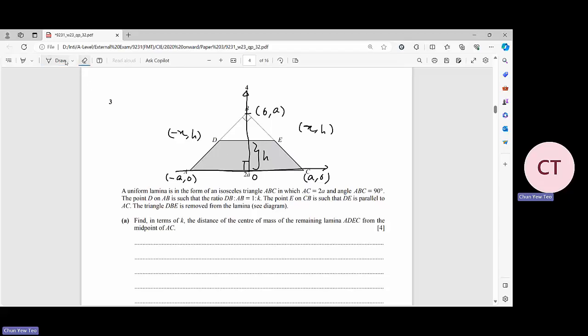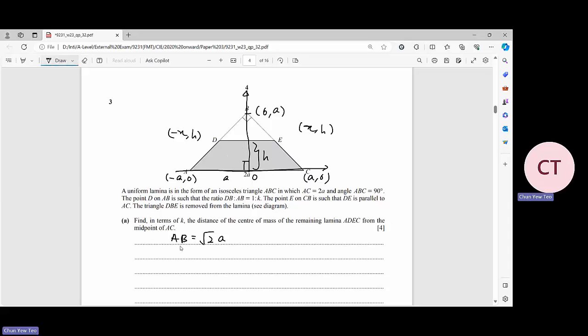Before that, we need to find AB. Since this one is 45 degrees, this one is A and this one is also A. So AB, just by using Pythagoras theorem, is square root 2 of A. That is how you get AB.